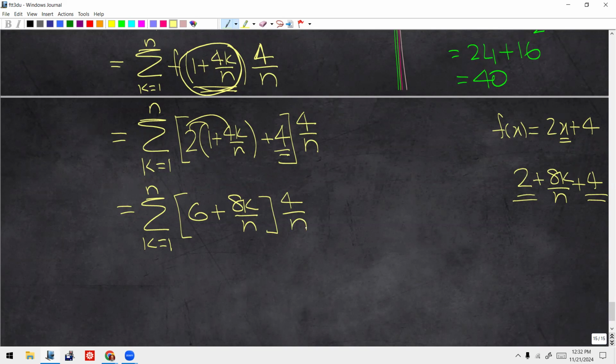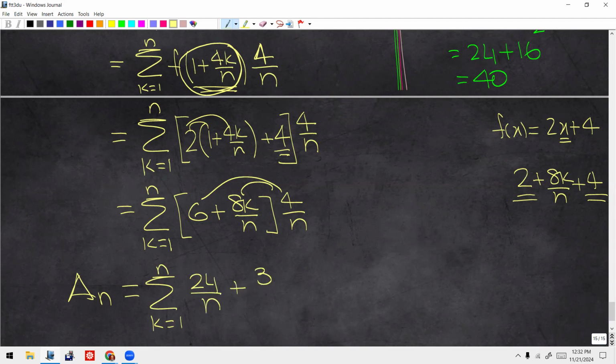Good so far? Next, we're going to go ahead and distribute that 4 over n, and that'll be our final answer for this part. So we get summation k is equal to 1 to n of 24 over n plus 32k over n squared.